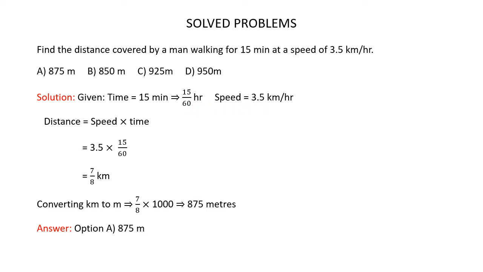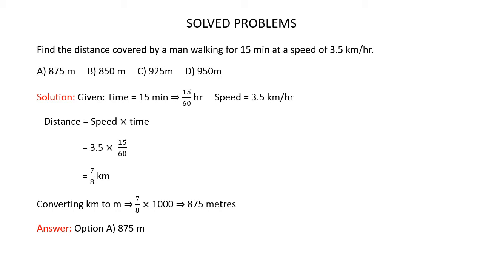We are supposed to find the distance. We know the formula for distance is speed multiplied by time. Distance is equal to speed multiplied by time. Now substituting the values of speed and time in this formula, we get 3.5 multiplied by 15 divided by 60. And on solving this, we get the distance as 7 divided by 8 kilometers.